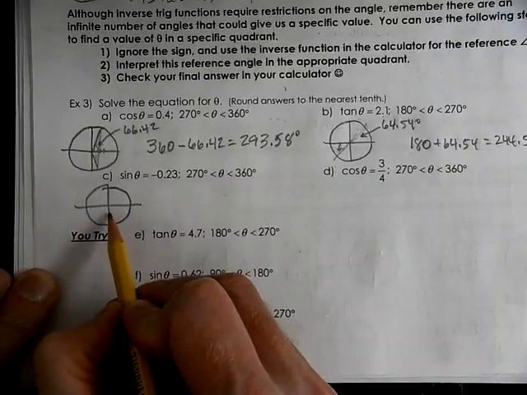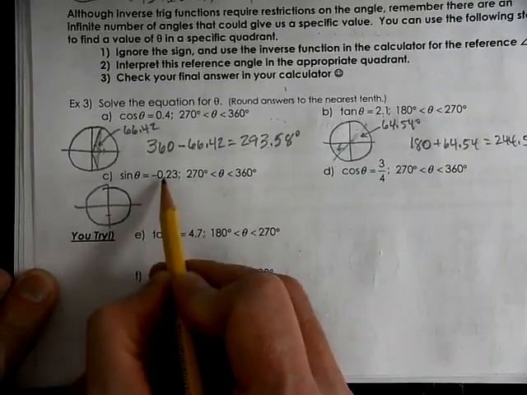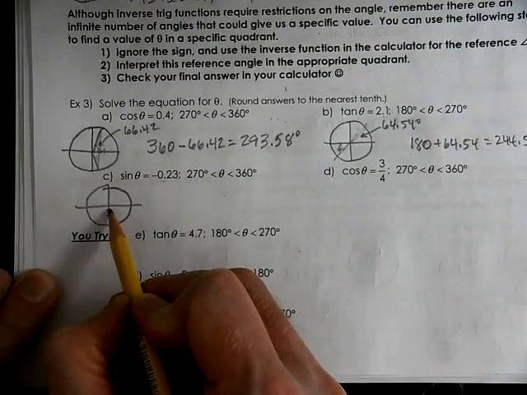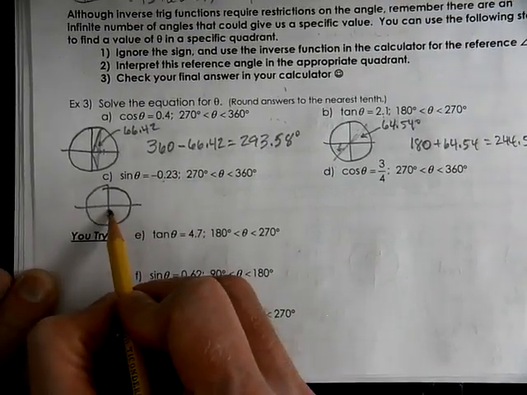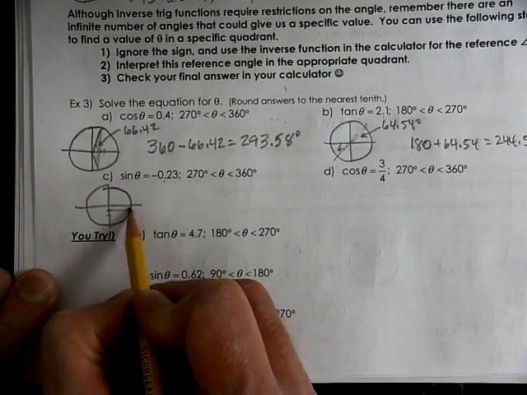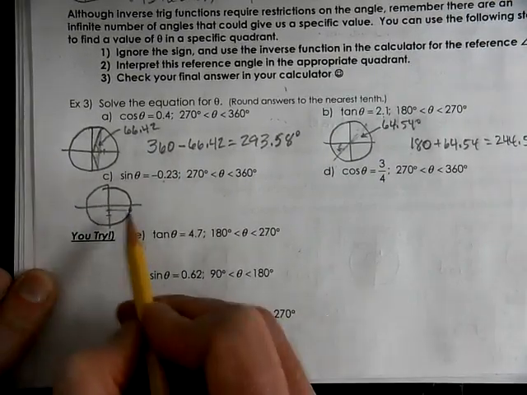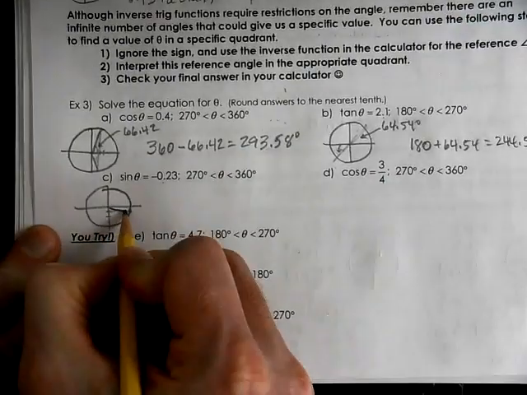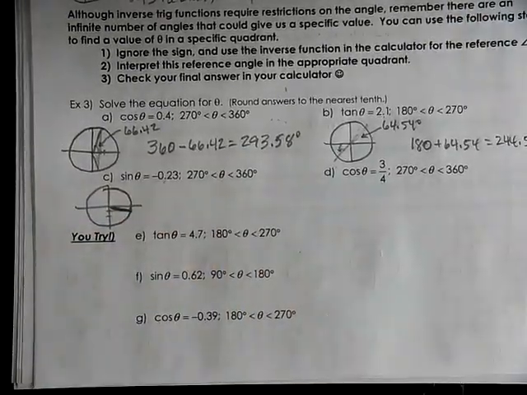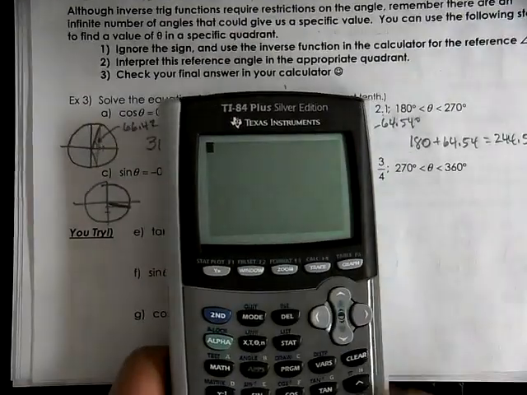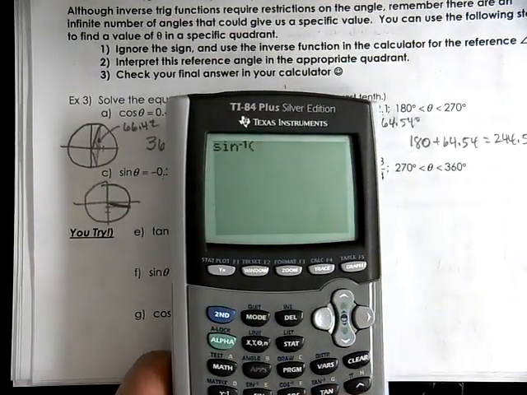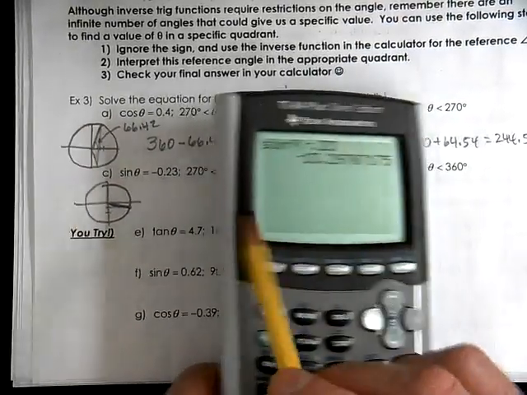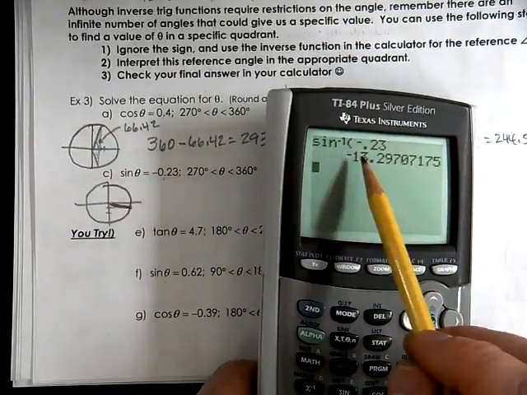So we're looking for a sine. There would be a y value of negative 0.5. We want to be at negative 0.23. We come over here and we want this value. But remember, sine is not going to give us a value between 270 and 360.